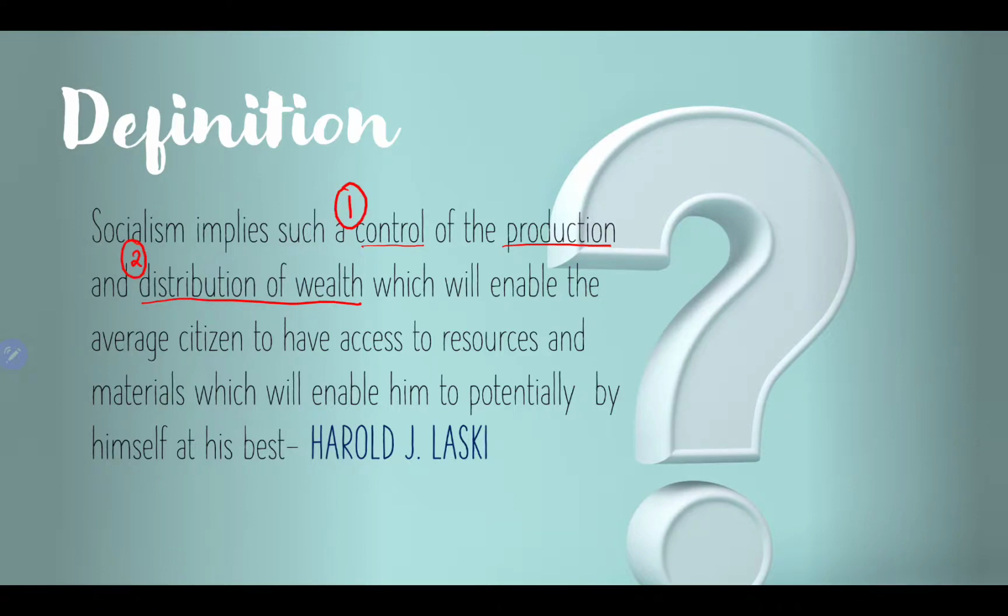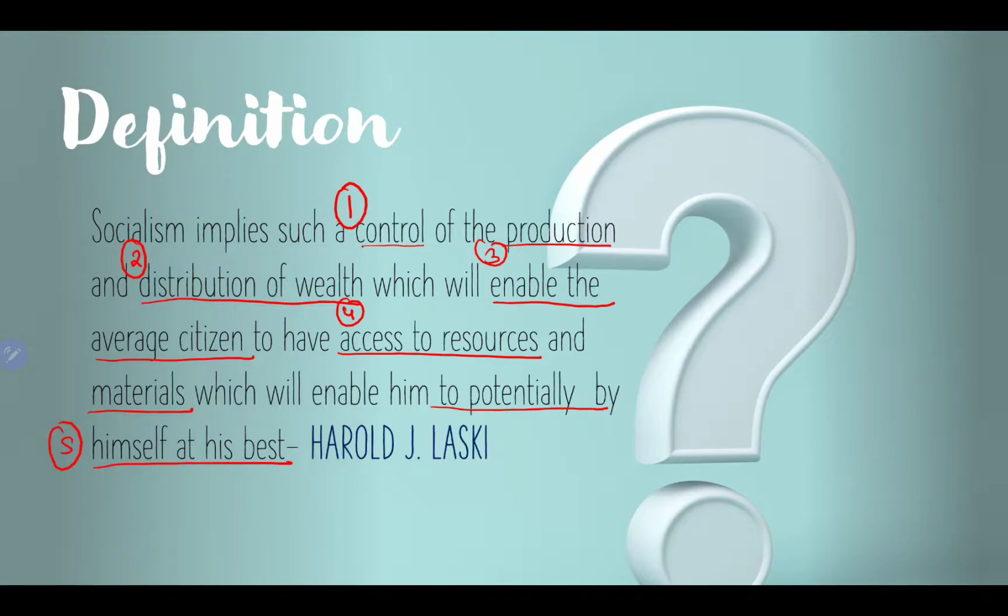Distribution of wealth, number two, which will enable the average citizen, number three, to have access to resources and materials, which will enable him to potentially buy himself at the best.